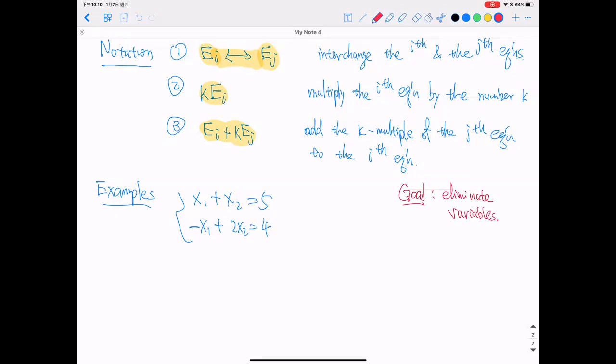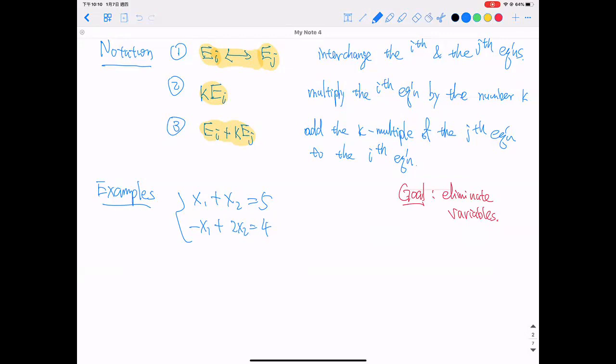In this example, you have two variables and two equations. So what can we do? Our goal again is to eliminate variables.